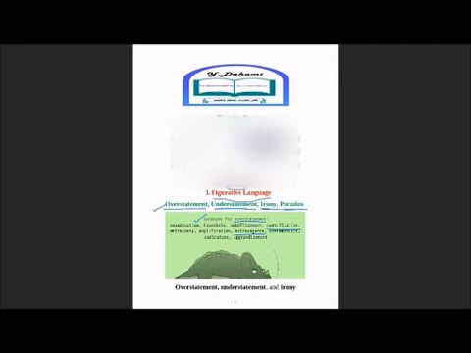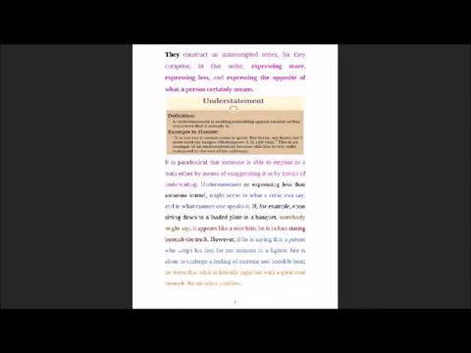If we speak about them in detail with a little explanation, we move to the next page, mentioning these three, particularly overstatement, understatement, and irony. So what are they? They construct an interrelated series. They are connected together and related to each other.